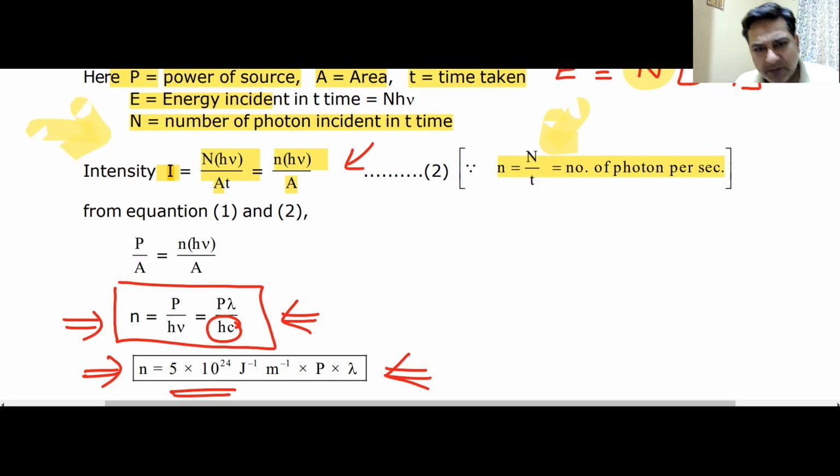So the formula for the number of photons falling per second becomes very simple. It becomes 5 into 10 to the power 24 multiplied by P, the power, multiplied by lambda, your wavelength in meters. Remember, we are talking about the SI unit. Do you understand this? Yes or no?